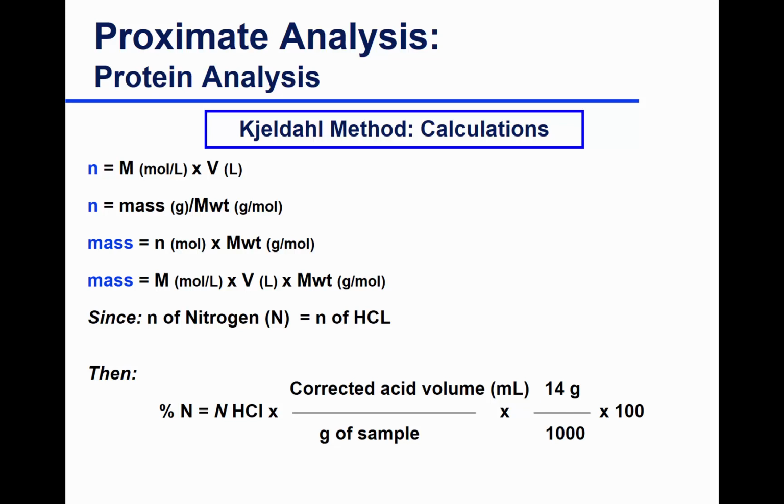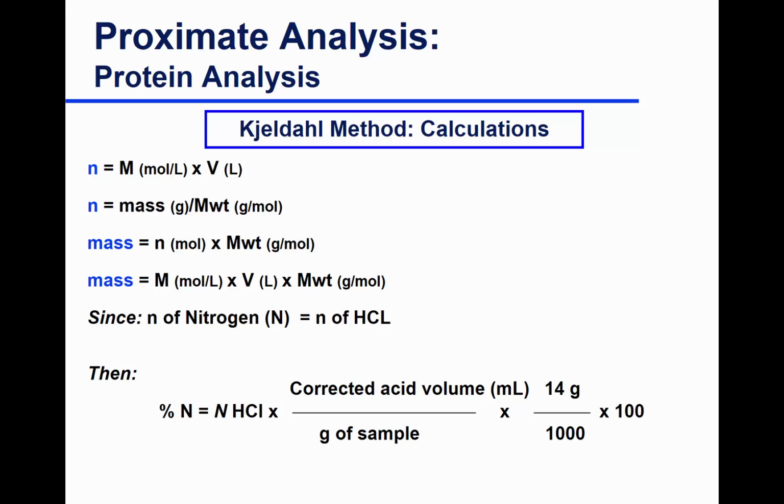Okay. I told you originally that the number of moles of nitrogen is going to be equal to the number of moles of borate ion, which is going to be equal to the number of moles of HCl.